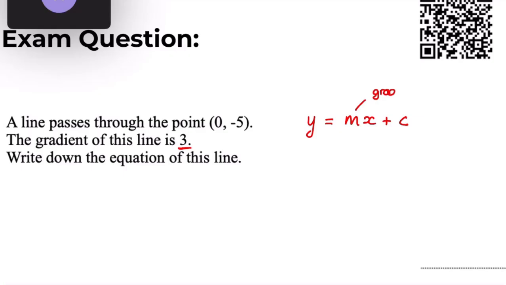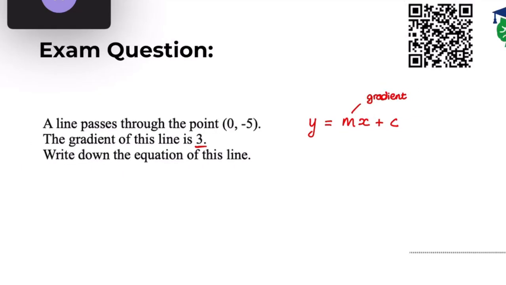So we know that m is the gradient, so we're going to have y equals 3x plus c. Okay, and then you can notice straight away that x is 0, so that means -5 is the y-intercept, and you can literally just put them together to get y equals 3x minus 5. That's one way of doing it.